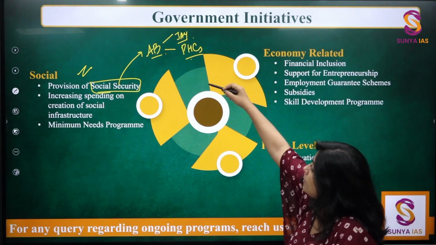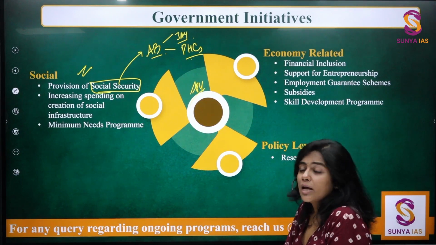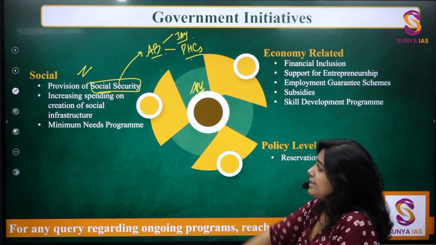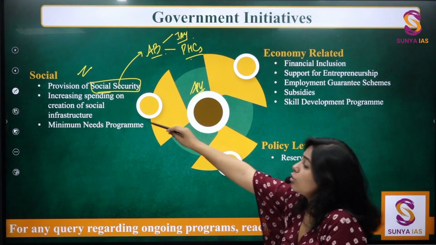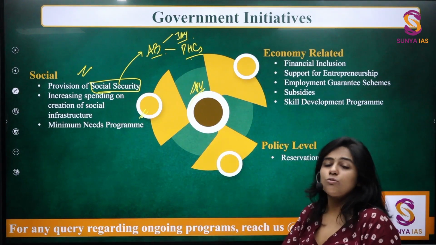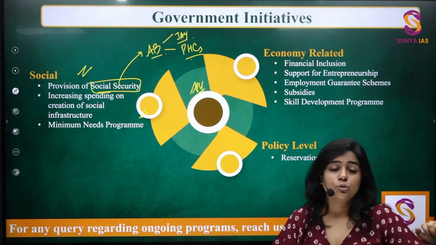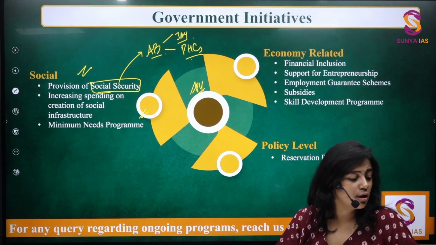Similarly, there is Atal Pension Yojana. Right? That is there. Then increasing spending on creation of social infrastructure. We are trying to build social infrastructure like hospitals, like schools, we are trying to increase that.